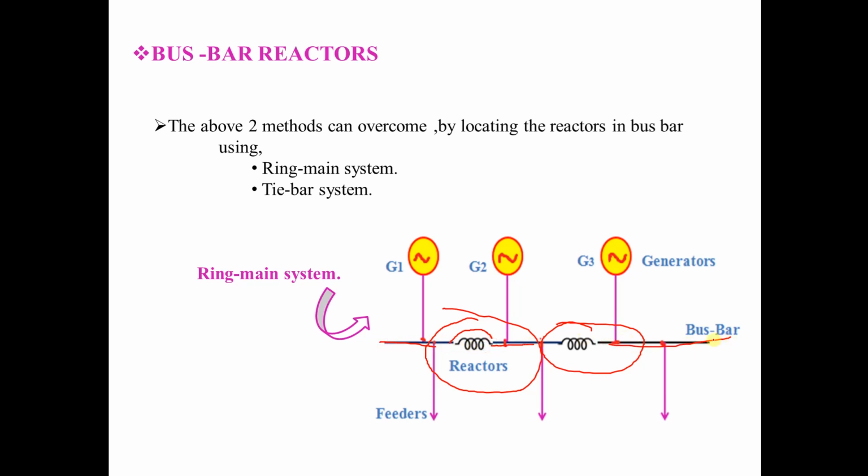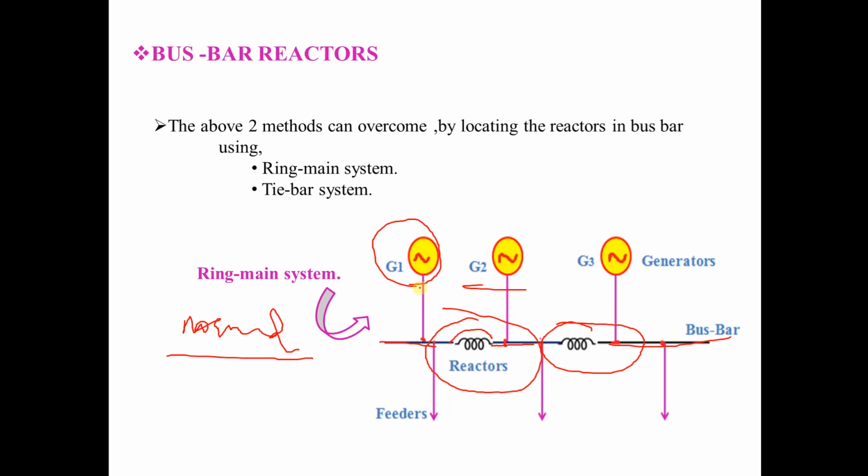And in normal operating conditions, each generator supplies its own section of the load, and power is fed by the generators. So due to this, there is low power loss and voltage drop in the reactors.